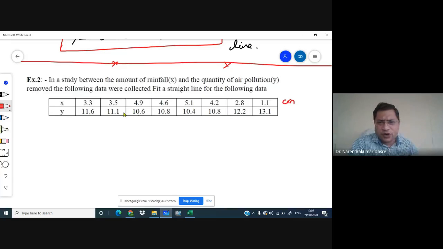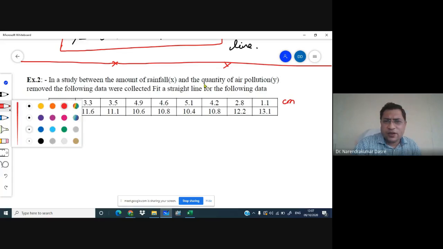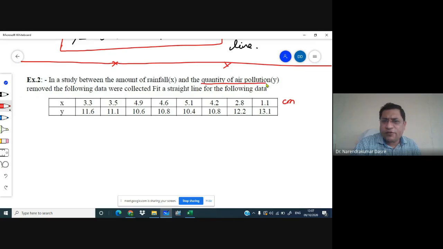Okay. This is the amount of rainfall in centimeter, and then the quantity of air pollution removed. Okay, so please be careful. What we have is the quantity of air pollution removed. Okay, so how much air pollution is removed by this rainfall? Okay, so the question is the quantity of air pollution removed.